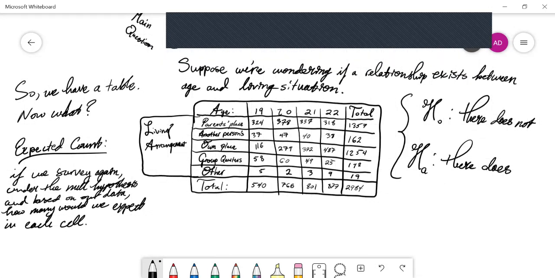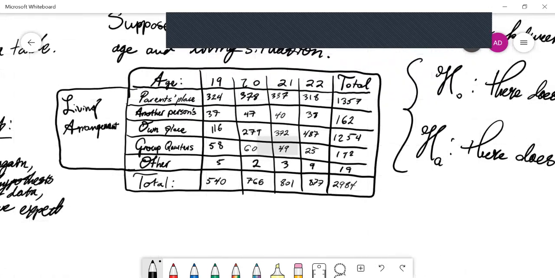And so that is, if you're 19, how many people do we expect out of 540 19-year-olds to live in group quarters, like a dorm?